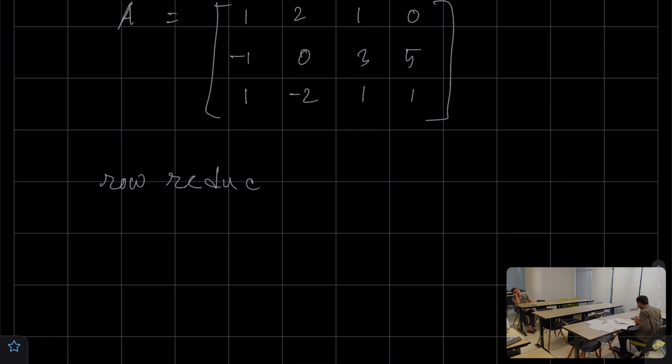A row reduced echelon matrix is a matrix R, where A is row equivalent to R. R is row reduced.